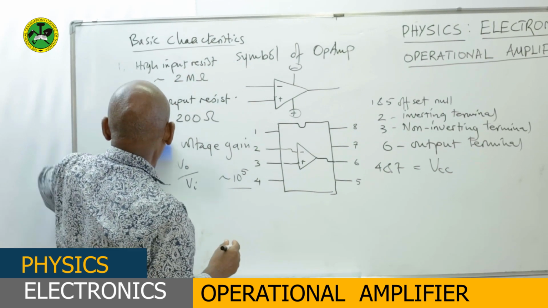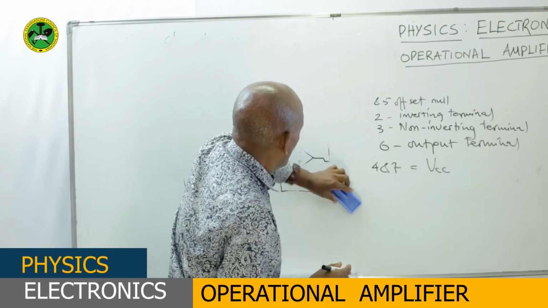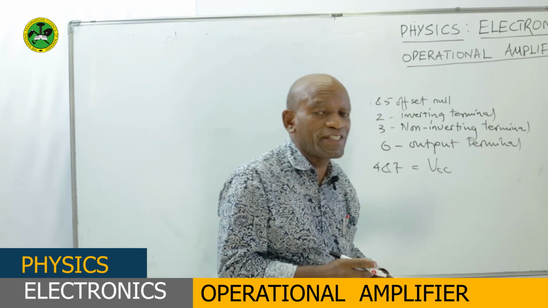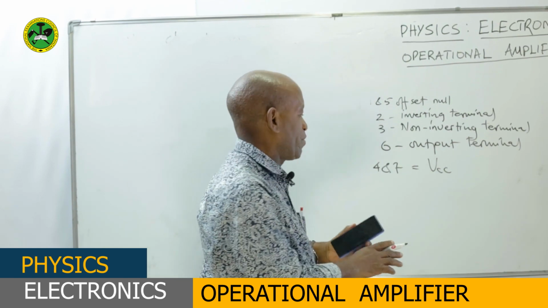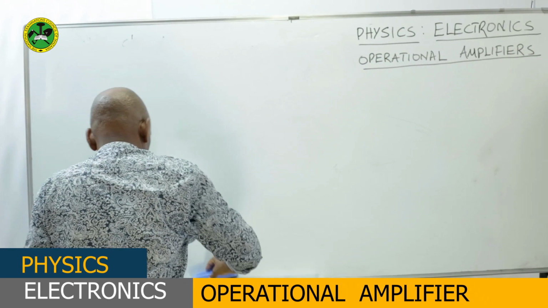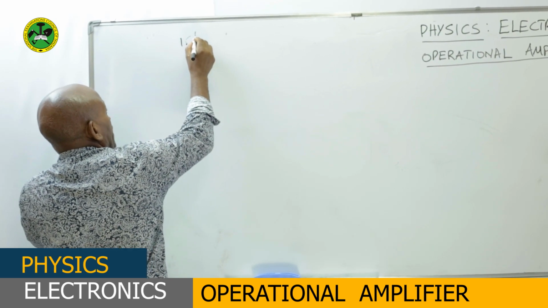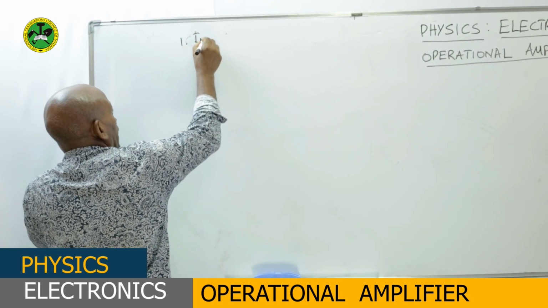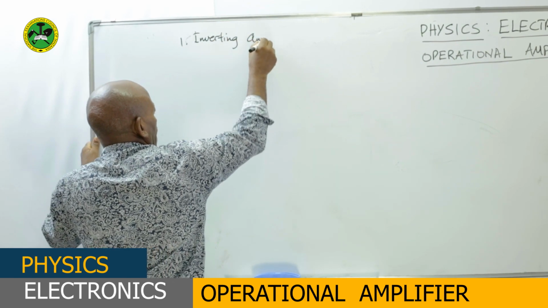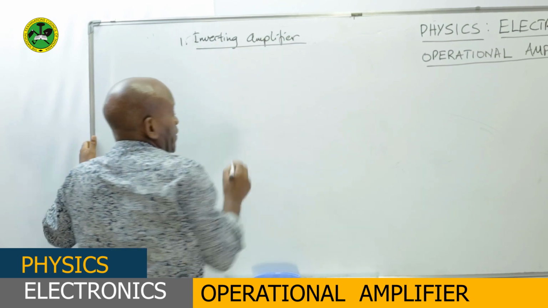Okay, now let us see how an operational amplifier works. An operational amplifier can work in either of two ways. It can work as a non-inverting amplifier or an inverting amplifier. Let us look at the first one, the inverting amplifier.